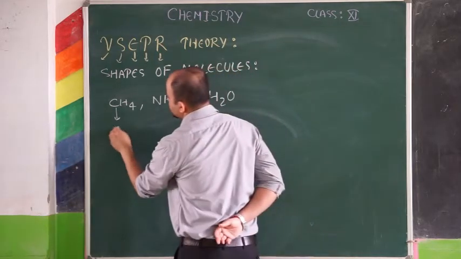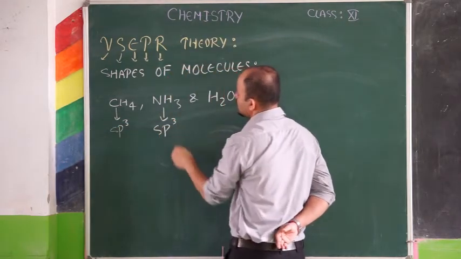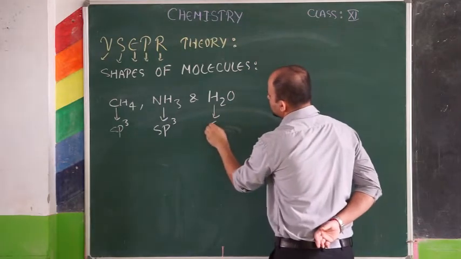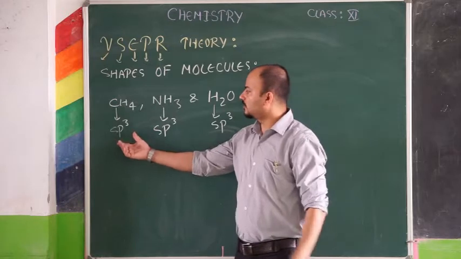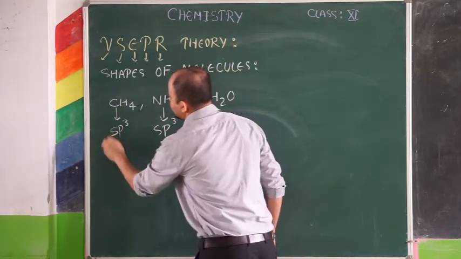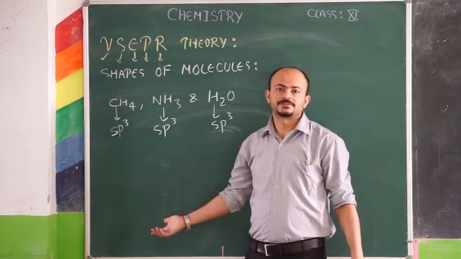Ammonia too has sp3, and the water molecule as well has sp3 hybridization. So all of them are sp3 hybridized, but they still have an effect.